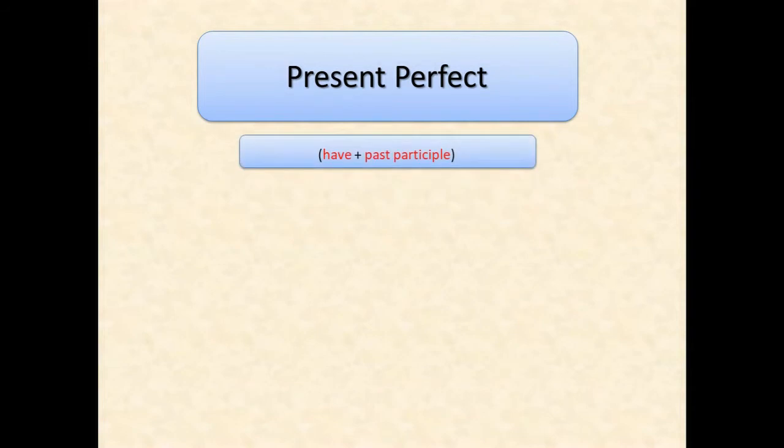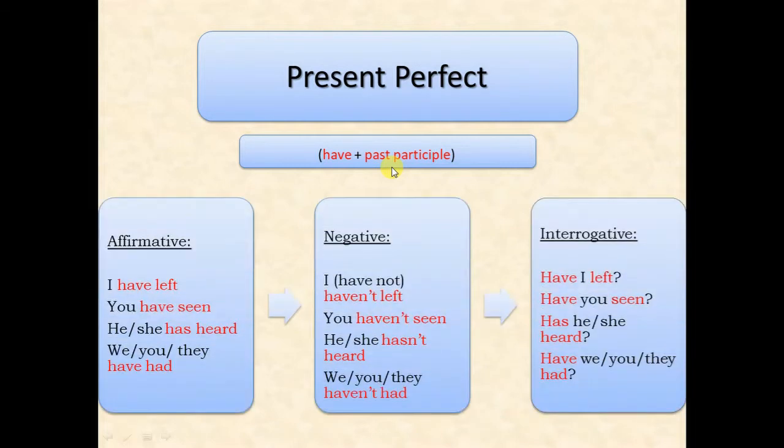Present perfect. Let's see the structure. So we have to use the verb have as an auxiliary and the past participle form of the main verb. So when it is a regular verb, you just add the ed suffix or d, and when it is an irregular verb, you have to change its form.